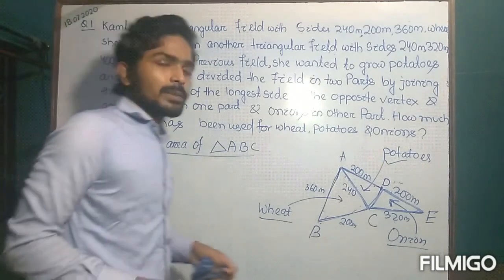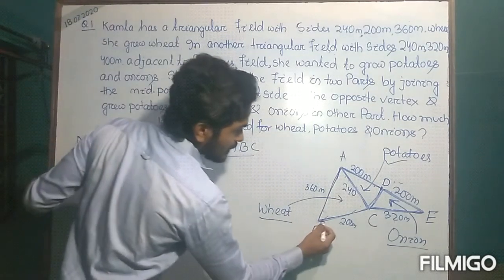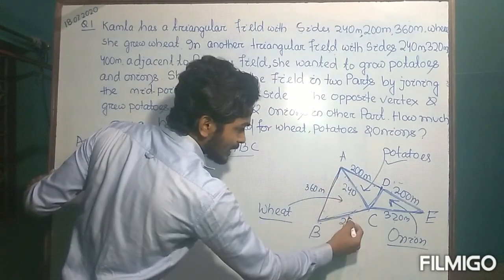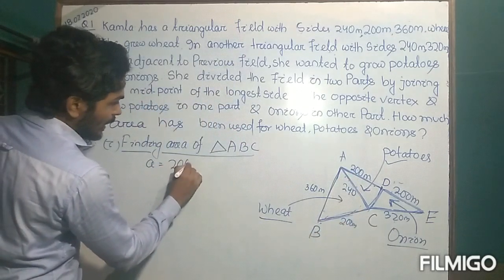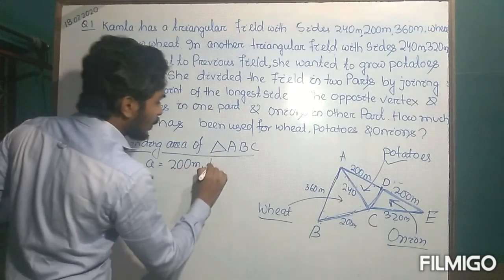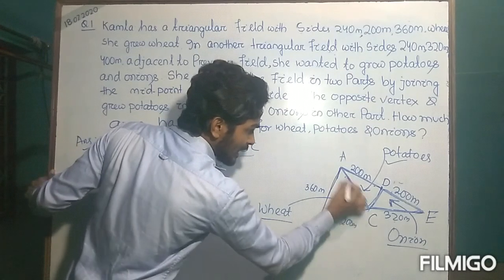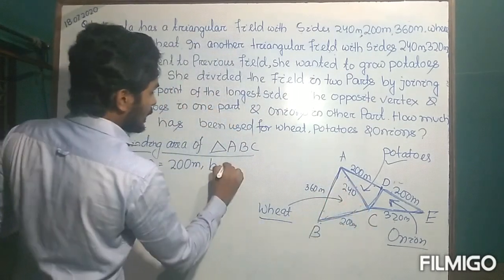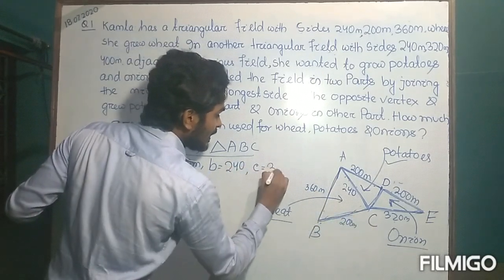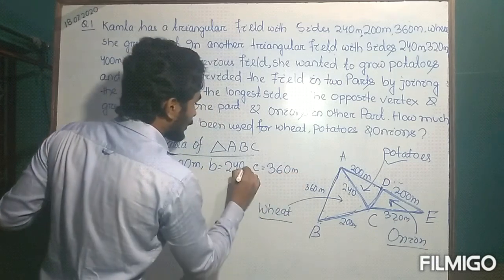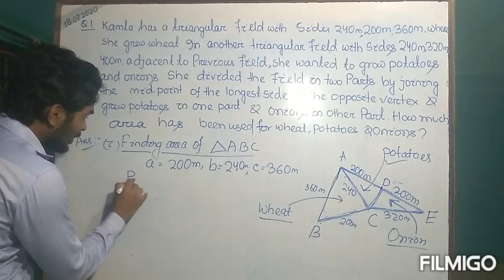For this we need the length of the sides. Small a is the side opposite to angle A, that is BC, 200 meter. Small b is the side opposite to capital B, this is AC, 240, and small c is 360 meter. Now we have to find the perimeter.